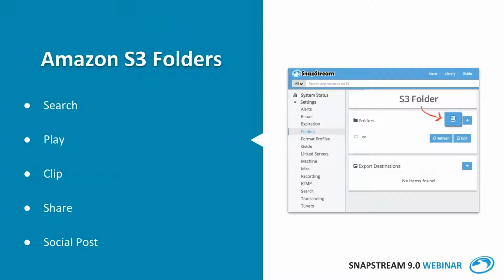The reason you can't record to S3 is technical: behind the scenes, S3 doesn't allow you to append data to a file. So as you're recording and new video is coming in, you're not capable of adding to the file that's already been started.